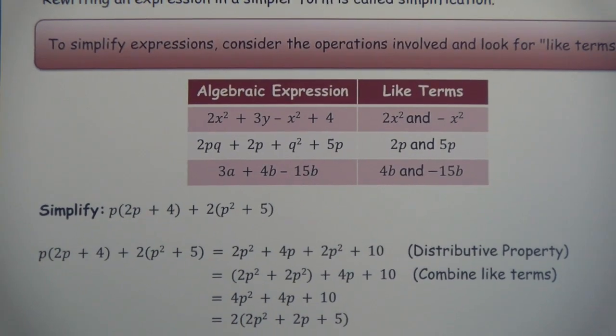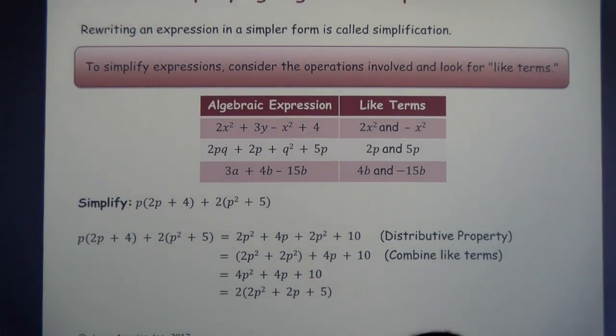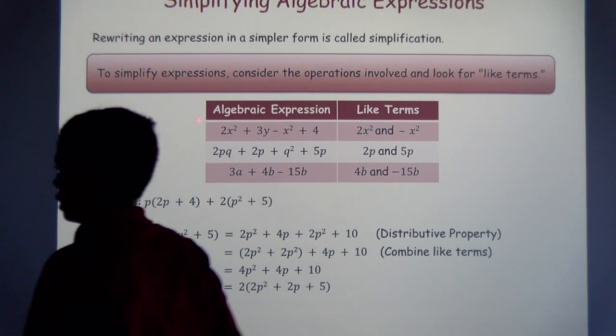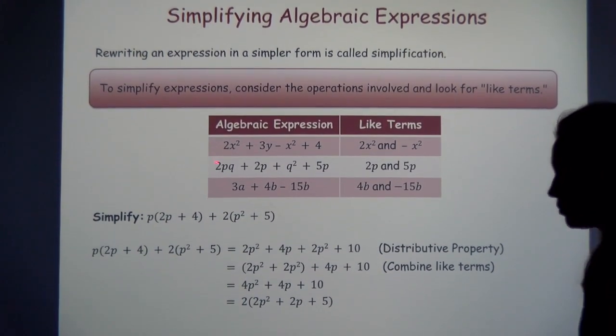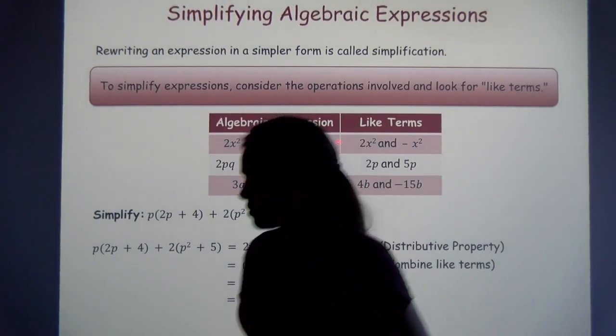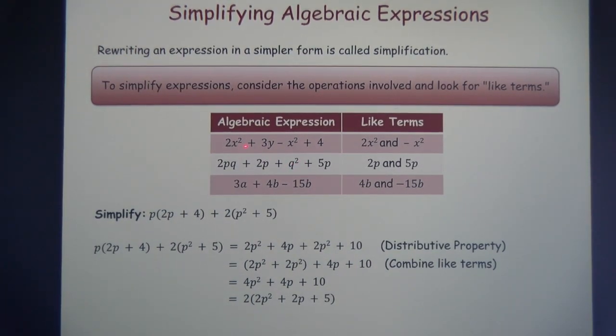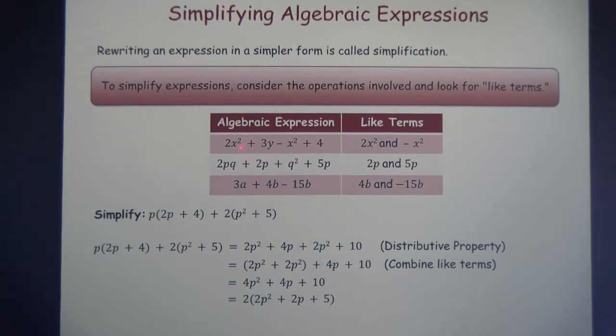Okay, for algebraic expressions, first of all, you have to look for what they call like terms. Terms are like terms if they have the same base and the same corresponding exponents. So for example, here you have a 2x squared, and looking over here, there's a negative x squared. If I don't have a coefficient in front of the x squared, what does it assume to be?